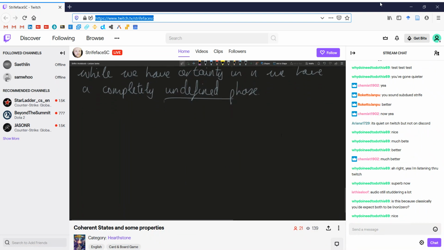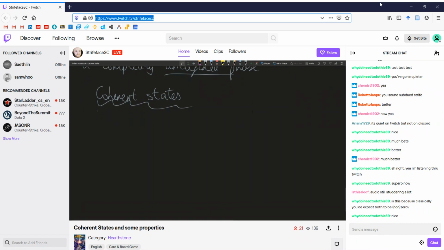Now, coherent states have been around since the advent of quantum mechanics. I read a paper that stated that Erwin Schrodinger actually knew about the coherent states as minimum uncertainty states of the quantum harmonic oscillator. I'm sure a lot of you know of it by that description too, if you have heard of the coherent states.